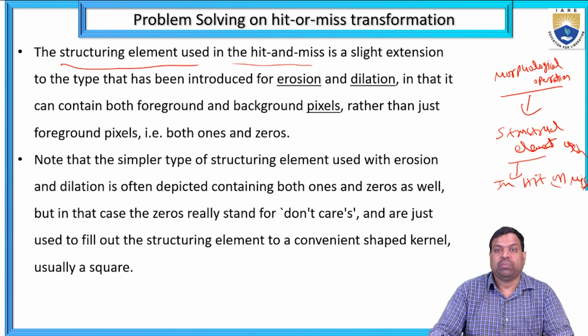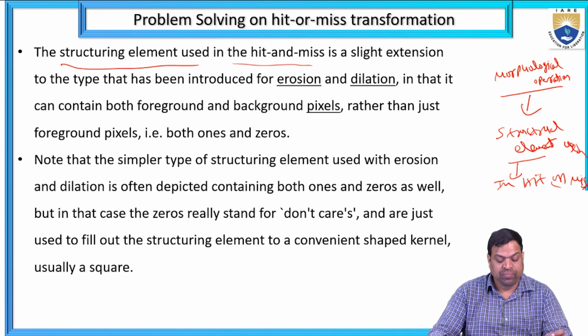Note that the simpler type of structuring element used with erosion and dilation is often depicted containing both ones and zeros as well. But in that case, zeros really stand for don't cares and are just used to fill out the structuring element to a convenient shaped kernel, usually a square.